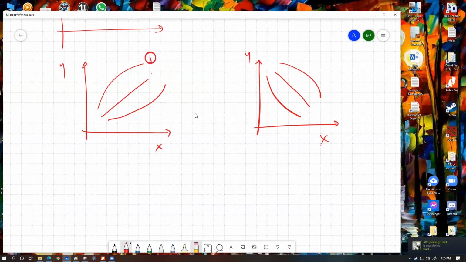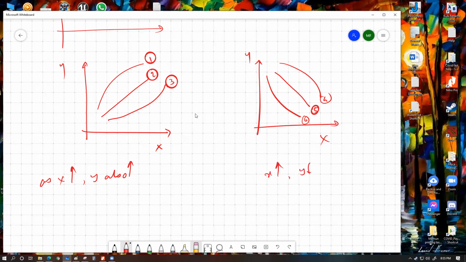If I name them 1, 2, 3, 4, 5, 6, what I need you to judge is that all of these 3 graphs are increasing graphs, which means as x increases, y also increases. Whereas for these graphs, as x value increases, y value decreases.